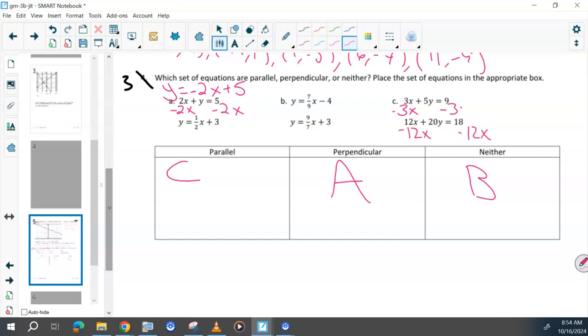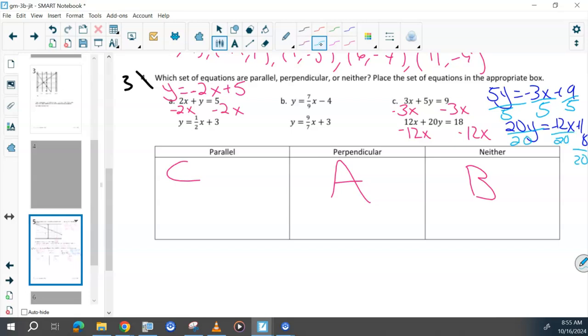So subtract 3x on both sides, subtract 12x on both sides. And then if we divided everything by 5 and by 20, the top one would give us y equals negative 3/5 x plus 9/5, and the bottom would be y equals negative 3/5 x plus 9/5.